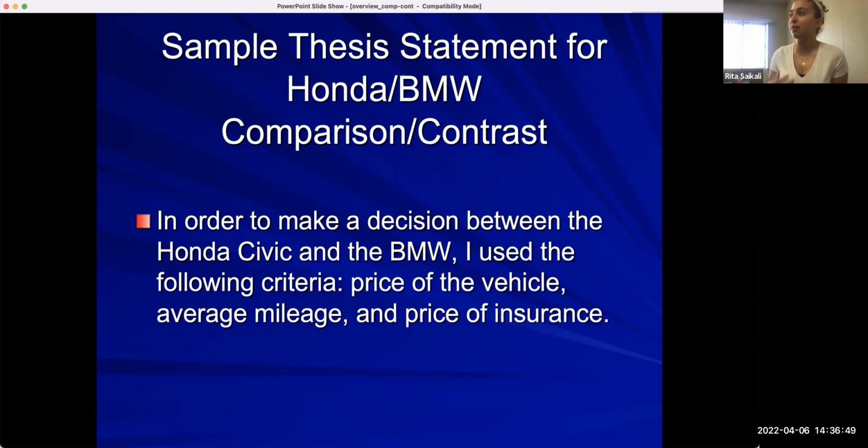It tells us very clearly that in the following essay, we're going to be talking about mileage, we're going to be talking about price, and we're going to be talking about insurance. It is very specific, very detailed in terms of what it is that we are comparing. And that makes it a strong thesis statement because we know exactly what it is that we are talking about. Make sense? Awesome.